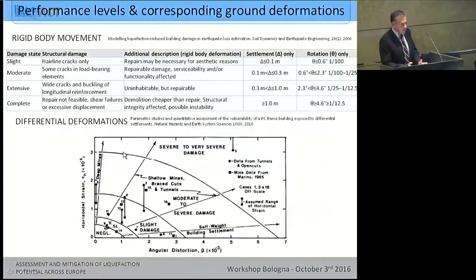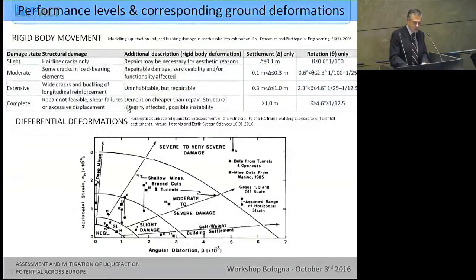And how do we relate the performance levels and the corresponding ground deformations? From the references that they found, there is not much information on damage due to liquefaction.